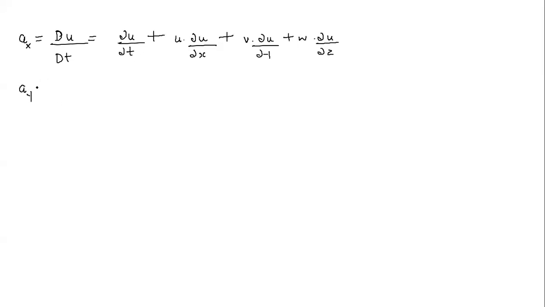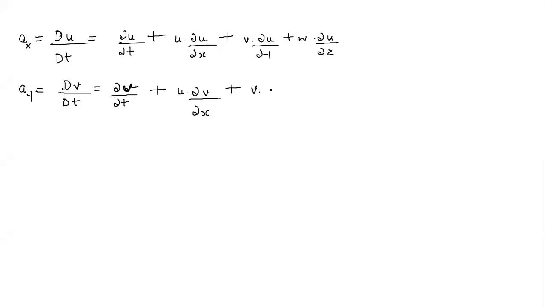Similarly, the y component of acceleration will be given by delta v by delta t, plus u. Now just replace this term with v. Remember that now we are going to see the variation of the y component of velocity with respect to the three axes x, y, and z, as well as with respect to time.